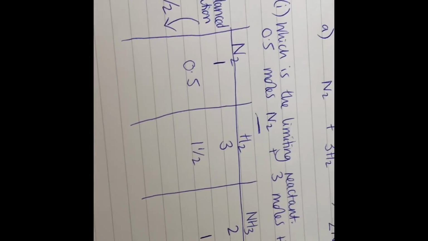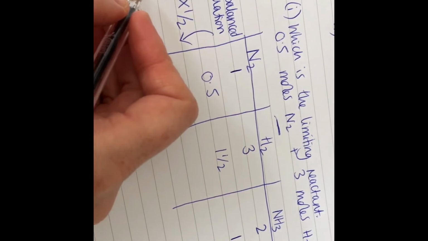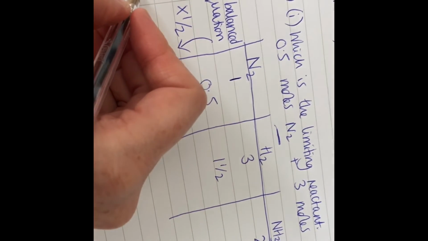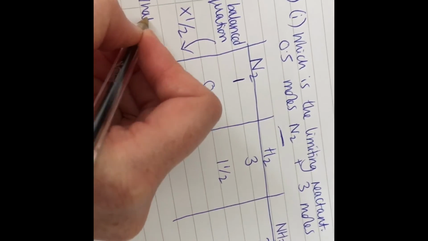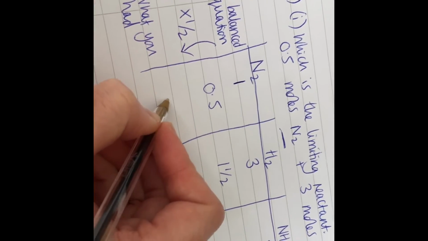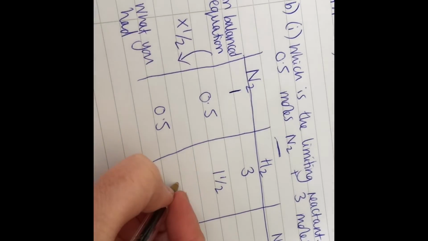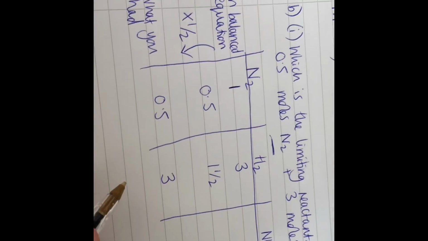Then you finally just look at what you actually had in the reaction. And I had 0.5, but I also had 3 moles of hydrogen.